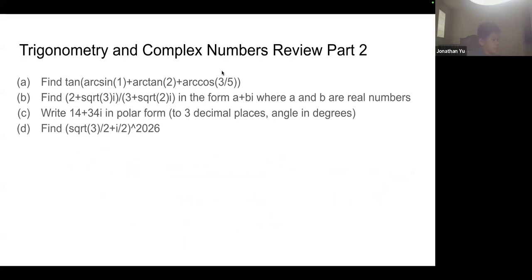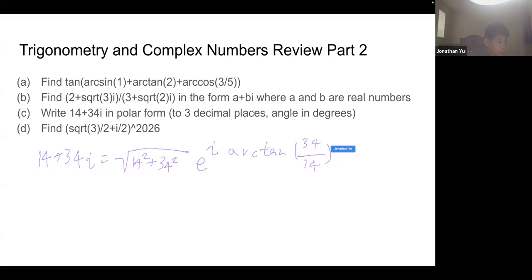For the third one, we write it like this. Then we can just put this into a calculator.